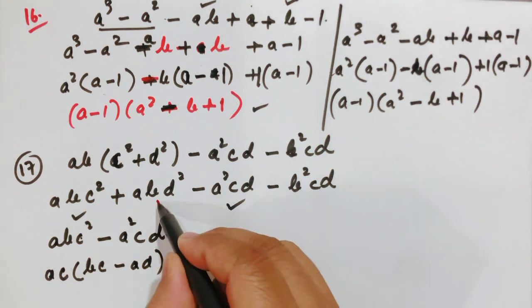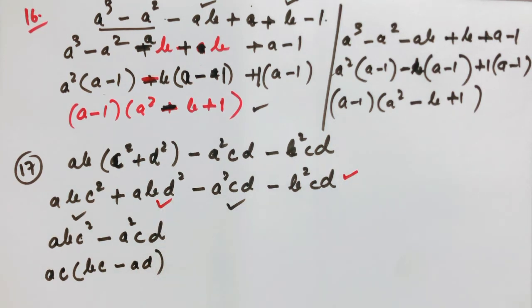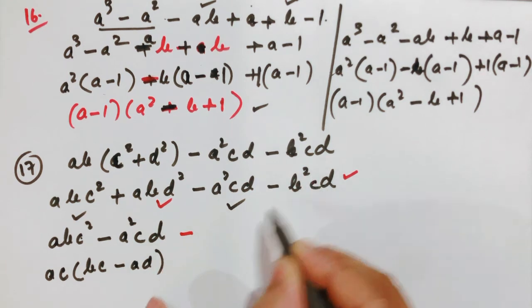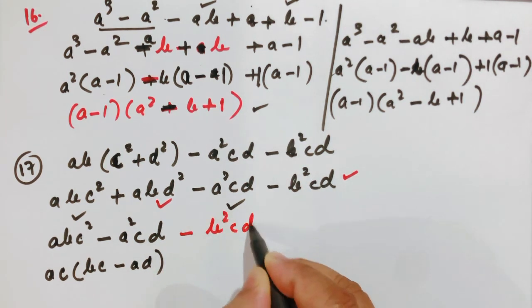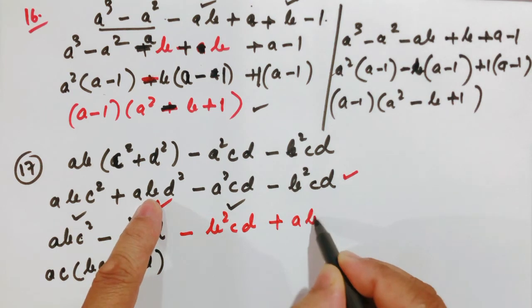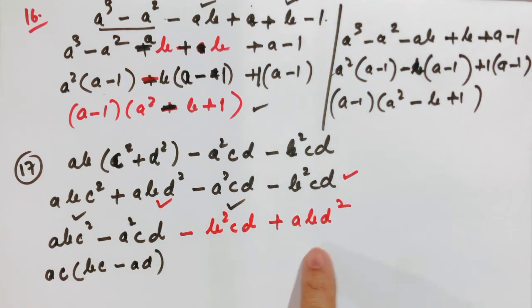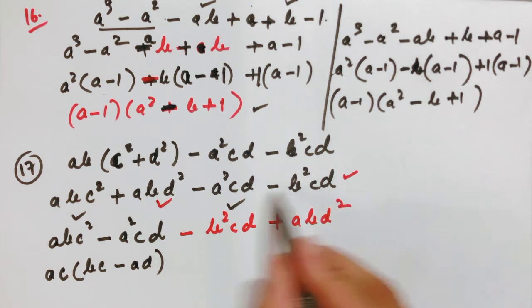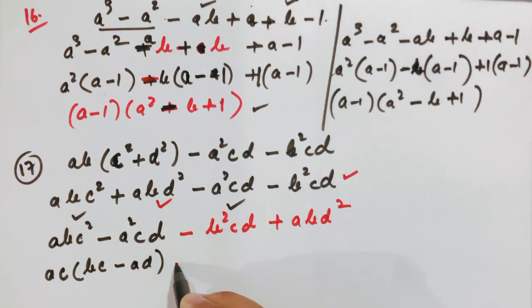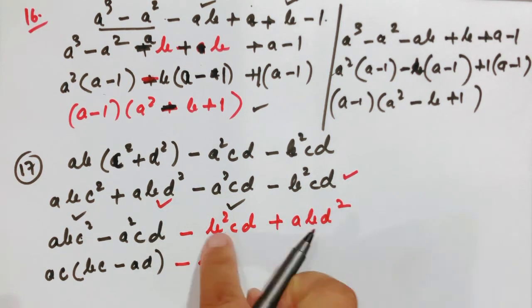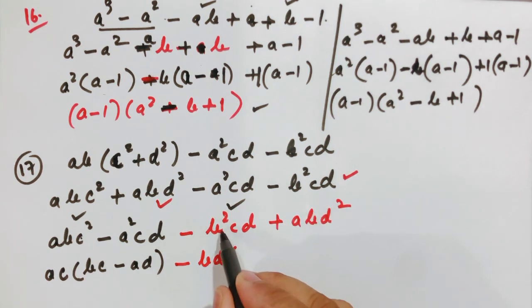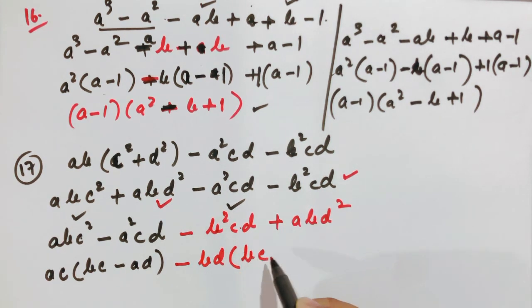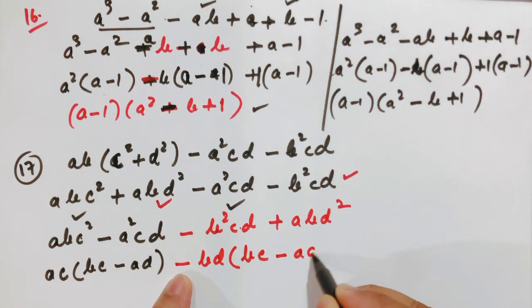Similarly, taking these two together, that is, minus b squared cd plus abd squared. When you group these two and take minus bd as common from both, you will be getting bc, since you have taken minus common over here, therefore minus ad.